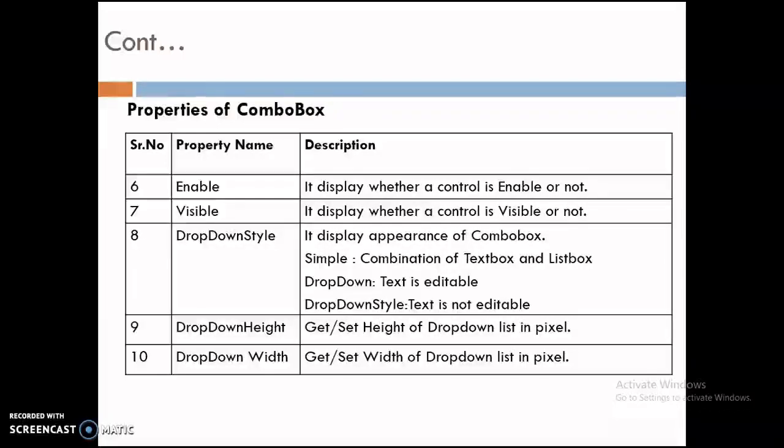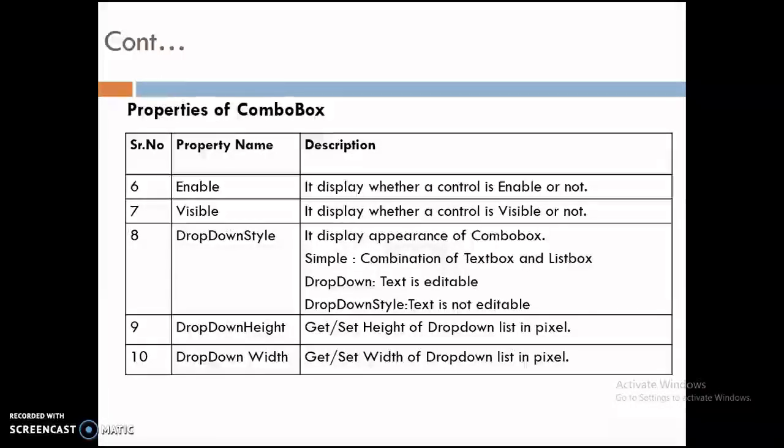The combo box or drop-down box is used for display purposes in three ways. First is simple. If we choose simple, then it displays as a combination of text box and list box. If we select drop-down, then the text is editable and it occupies less space.